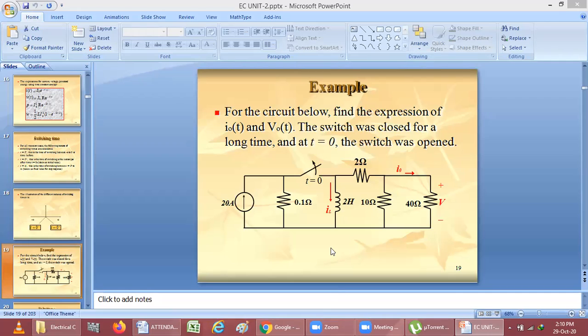Okay, you can see here, this is the RL circuit. Here what we have to do, we have to find the relation for current and the voltage.